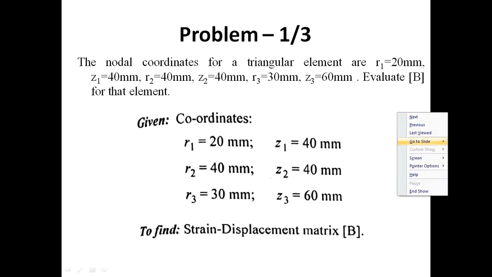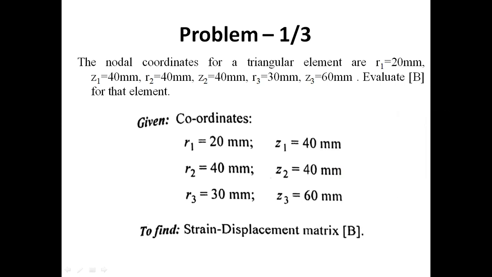With the help of these coordinates R1 Z1, R2 Z2, R3 Z3, if the triangular element has R and Z coordinates, then it should be the axisymmetric triangular element, whether or not it is mentioned in the problem. We have to keep it in our mind.